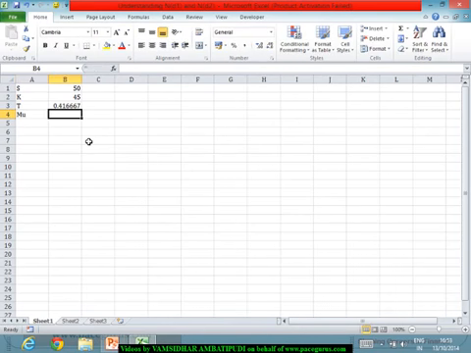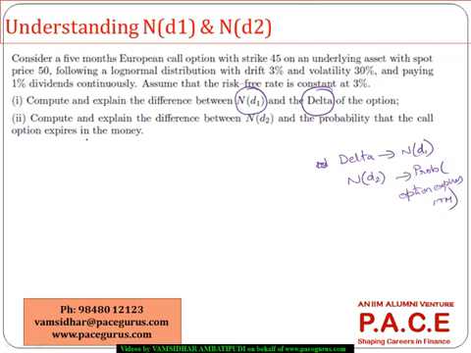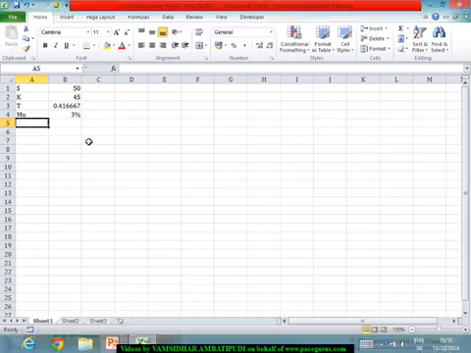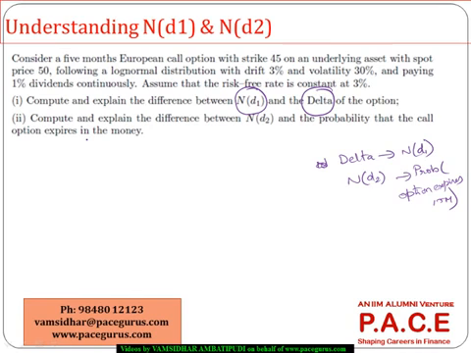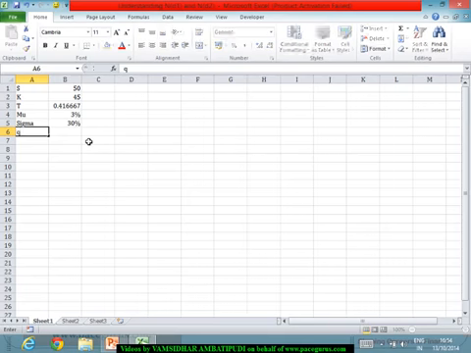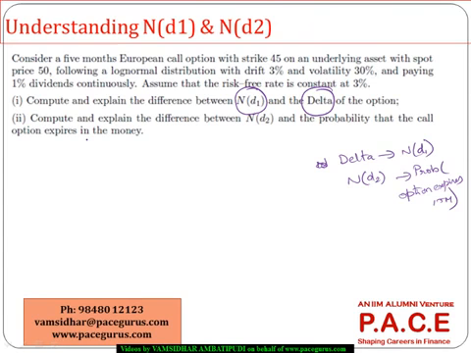The volatility sigma is 30%. It pays a dividend continuously, q is 1%, and the risk-free rate of return is taken as 3%.